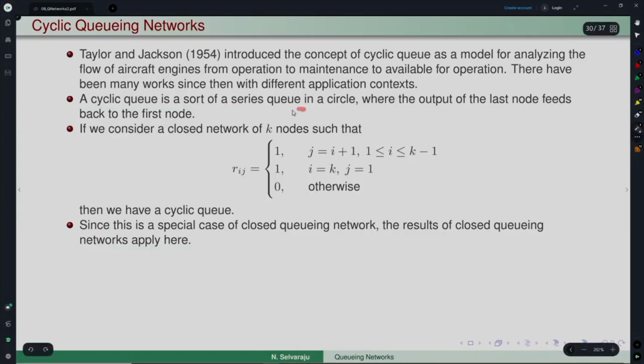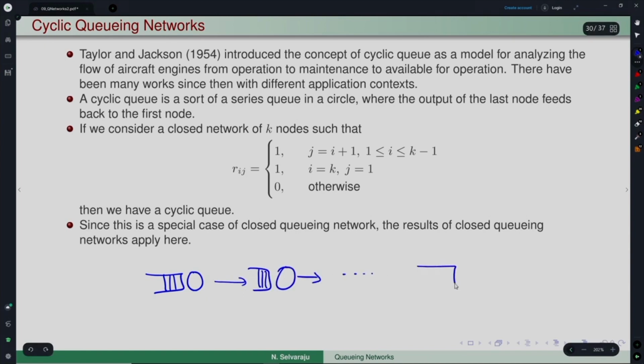A cyclic queue or cyclic queuing network is basically a series queue in a circle, where the output of the last node feeds back into the first node. If I want to put it diagrammatically, there is this node 1, which feeds into node 2 and so on.